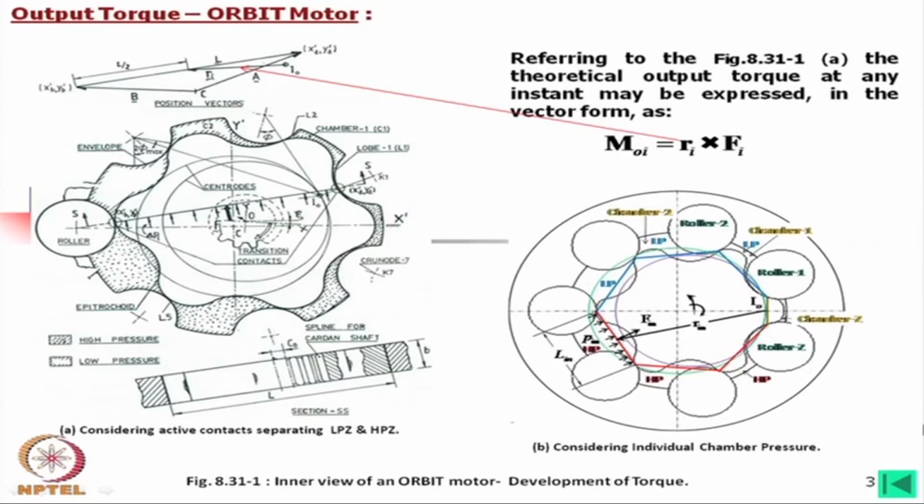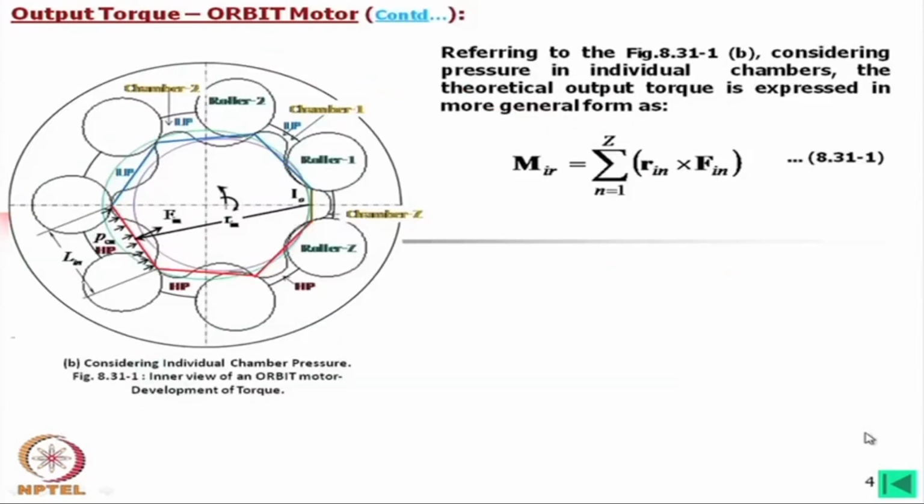Now, however, the equation for this will be different. In that case, what we are considering, say I is varying from 1 to Z, any chamber, in that case this is the length.